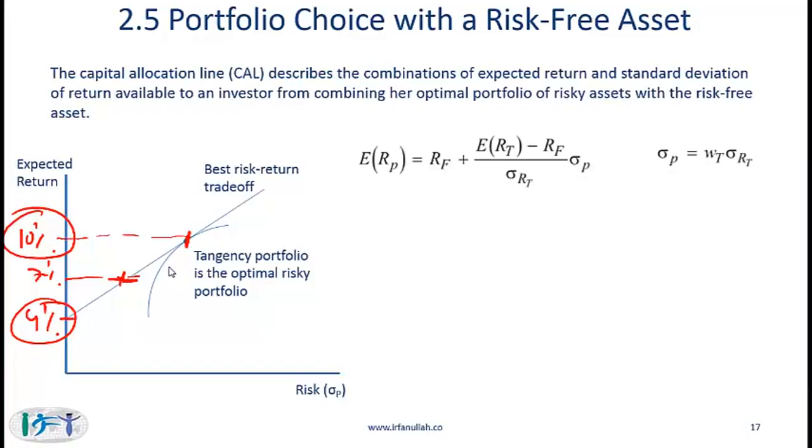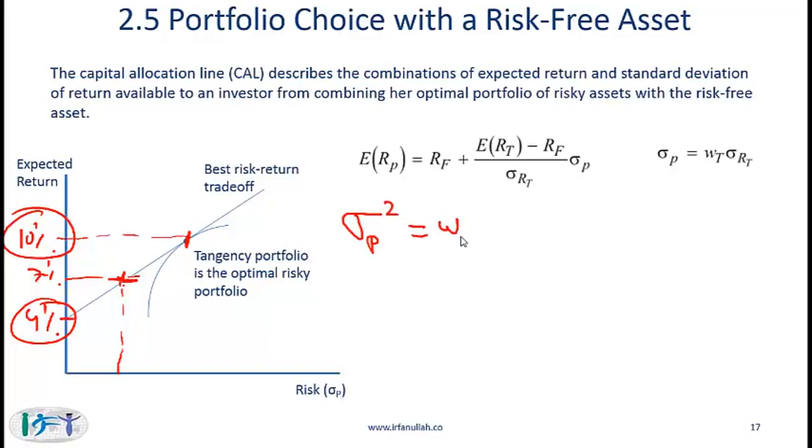What about the risk? So let's go back to our formula for the risk of a portfolio. Let's take this particular scenario where we have 50% in the risk-free and 50% in the tangency portfolio. Our formula for the variance of the portfolio was this.